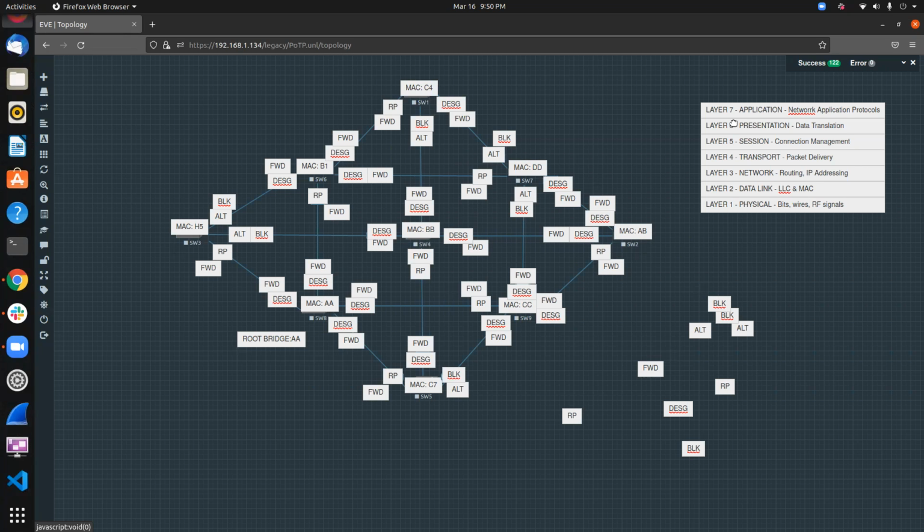That's to determine which end you're blocking and which end you're leaving as designated. Got it. Right. The one with the lowest gets designated and the other side is automatically blocked. But I'm not sure designated is ever going to be across from a designated. It's going to be either on the other end of a blocked port like C4 to BB, or the other end of a root port.